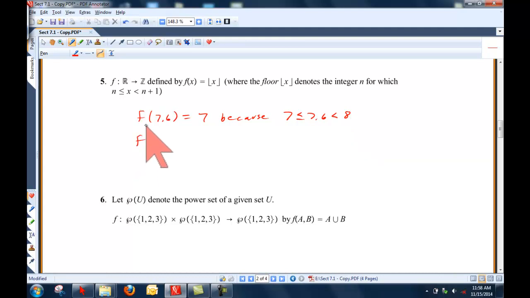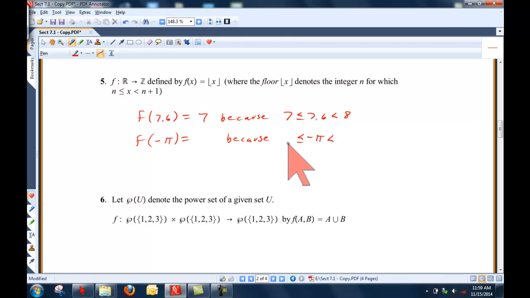And how about f of negative pi, about negative 3.14? So whatever we do, the reason has to be that negative pi is less than, and greater than or equal to, like this.